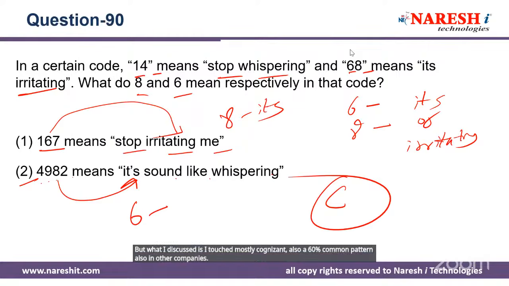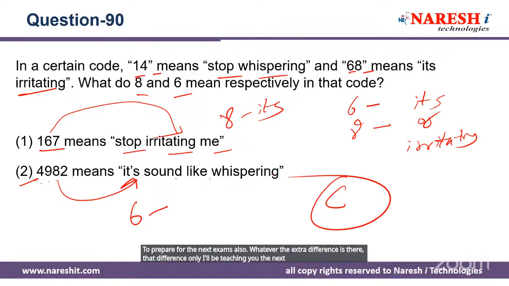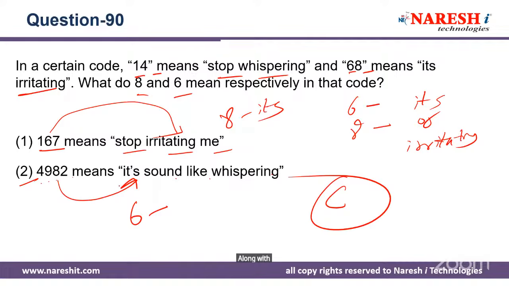Suppose next week I come up with a new company XYZ, I would have the same type of questions because aptitude is hardly 15, 16 topics. We will easily find 60 percent common and the remaining will be a small difference. So if you attend these classes, it would almost help you 50 to 60 percent to prepare for the next exams also. Whatever the extra difference is, only that difference I'll be teaching you for the next companies along with the same type of modules.